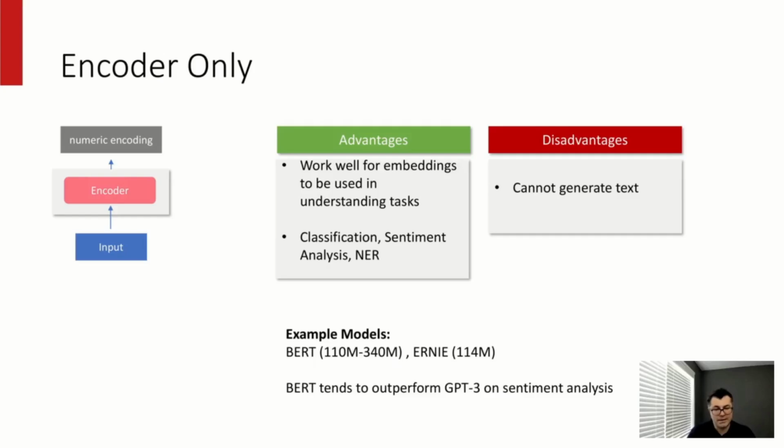It's also referred to as an embedding. They work very well in creating embeddings that can capture meaning. And so these types of models work very well for tasks that require understanding.